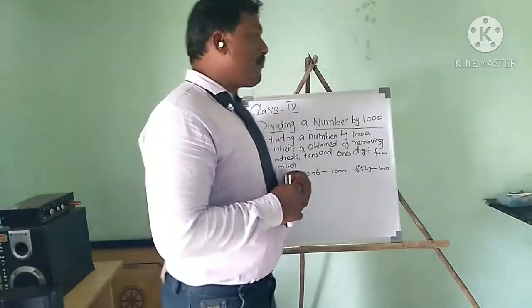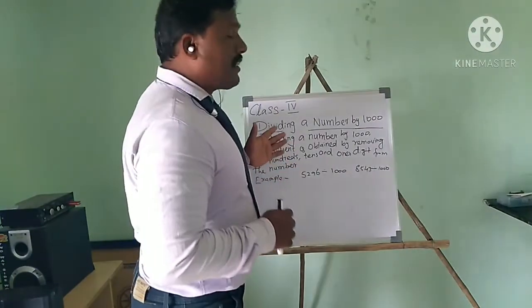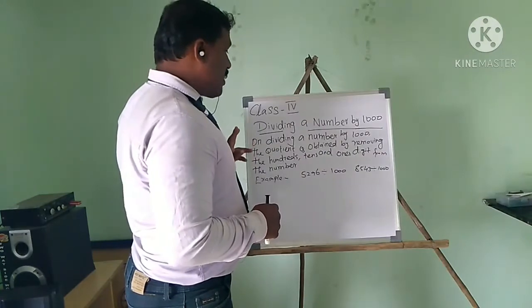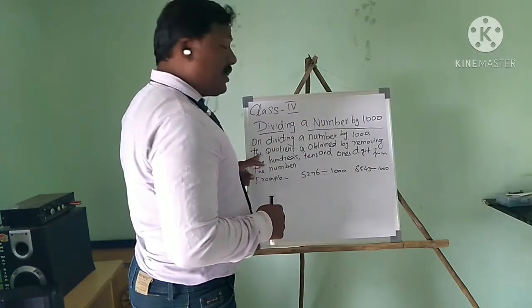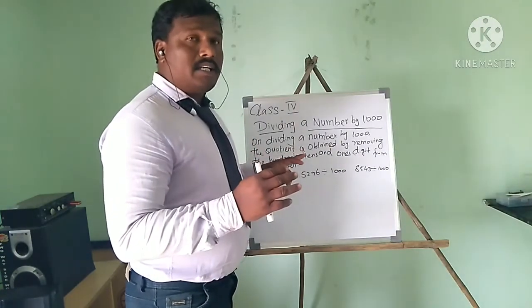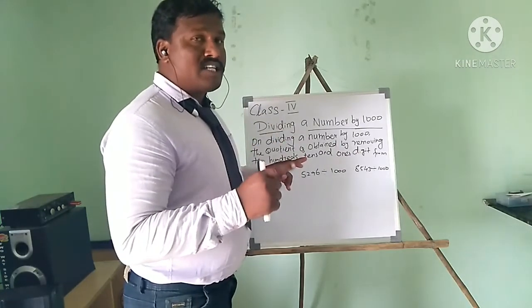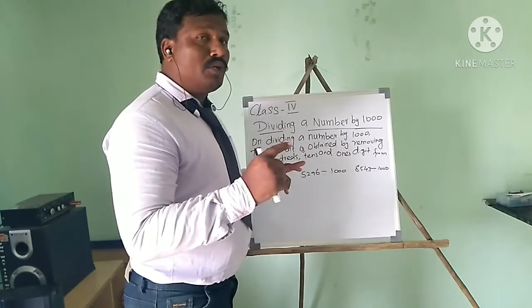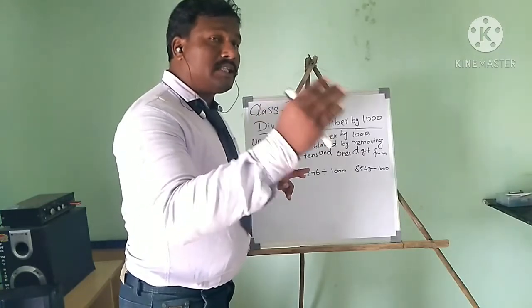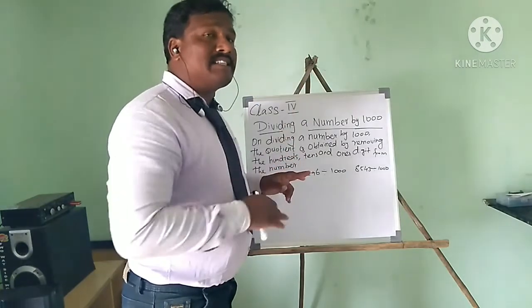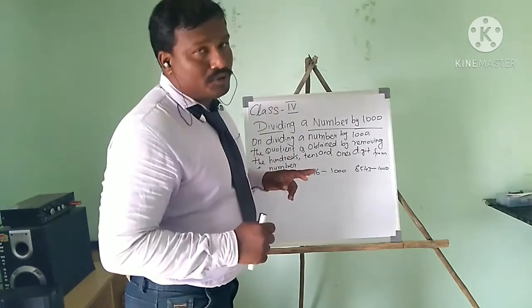See, when you divide any number by 1000, the last three digits, in the place values of ones, tens, hundreds, you have to remove, and those three digits form the remainder. The remaining digits form the quotient.